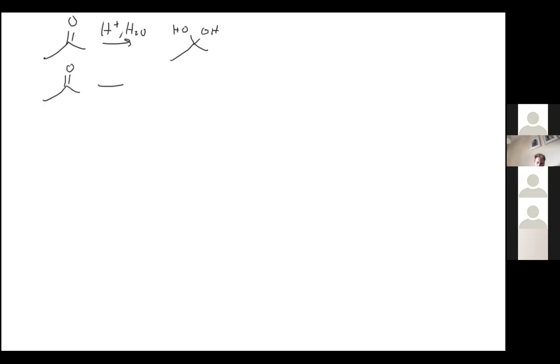H plus and alcohol is going to make our acetal. H plus and diol here is going to make our cyclic acetal.